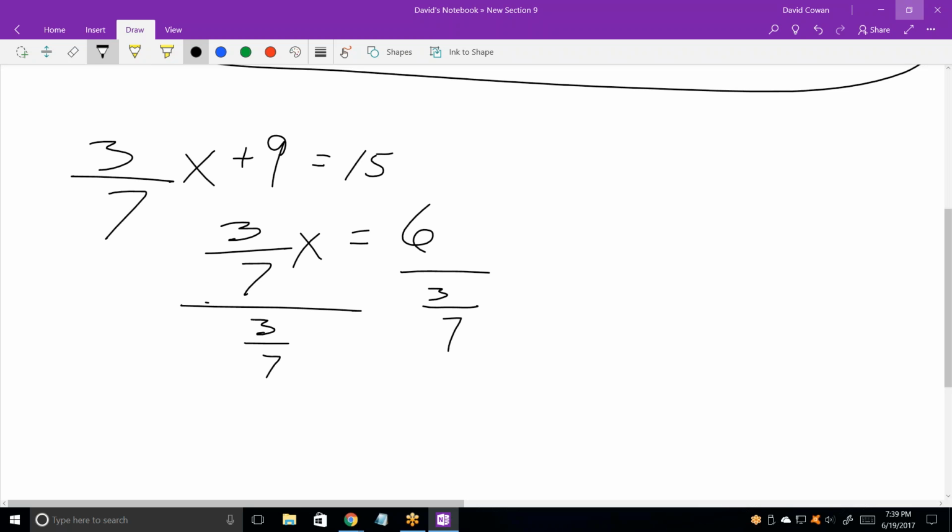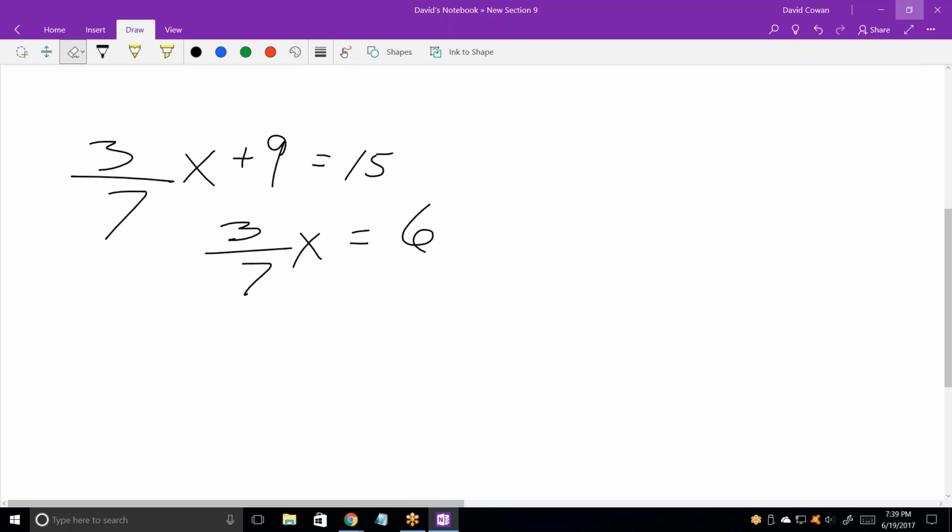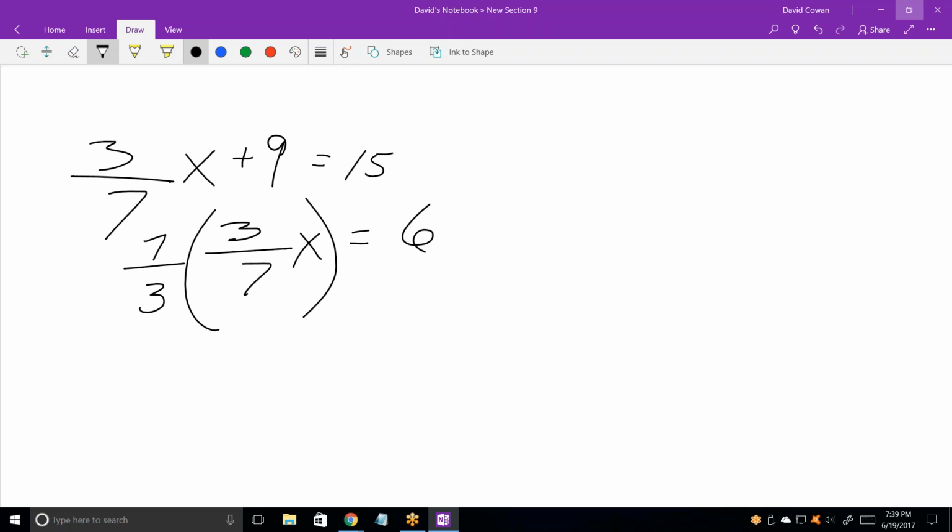In other words, this dividing by a fraction is just kind of a wasted step. So what you want to always do when you're down to this where you have x with a fraction in front of it, then you're basically doing two steps at once. I'm multiplying both sides by 7 and I'm dividing both sides by 3.